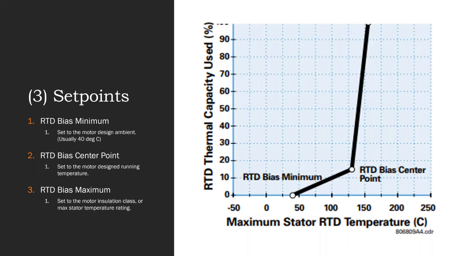Obviously that insulation class is only rated for that temperature, and any temperature above that, we are reducing the life of the motor. So you'll see that this motor looks like a 155, 160 degrees Celsius temperature class, maximum stator temperature. And you'll see that corresponds to 100% thermal capacity.